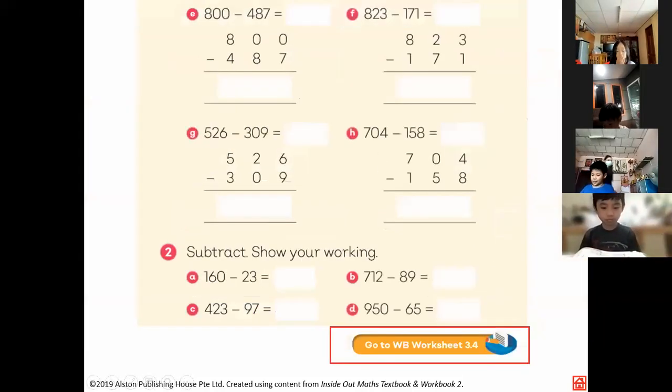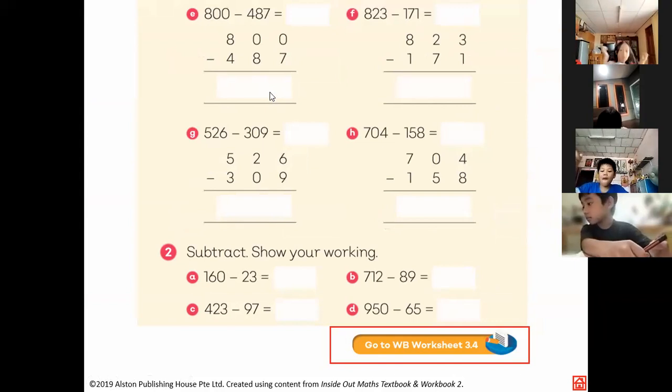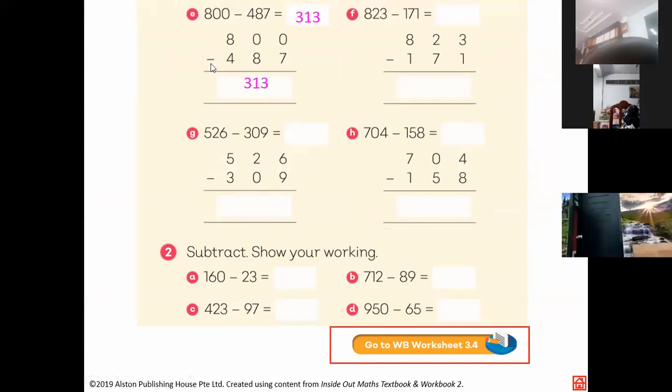Okay, now let's proceed to letter E. Letter E, class, what's the answer for letter E? 313. Very good, 313. Good job.